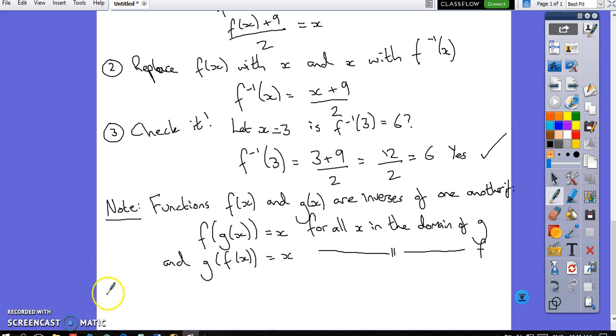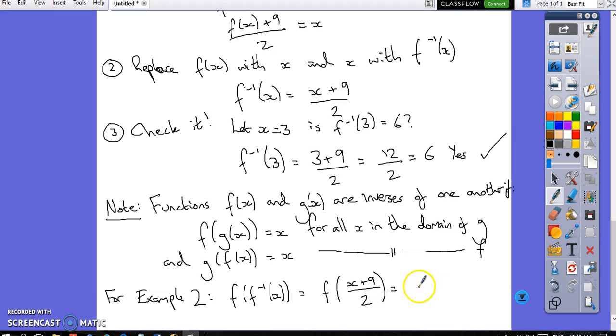If we do, for example 2, f of f to the minus 1 of x: f to the minus 1 of x was x plus 9 divided by 2.